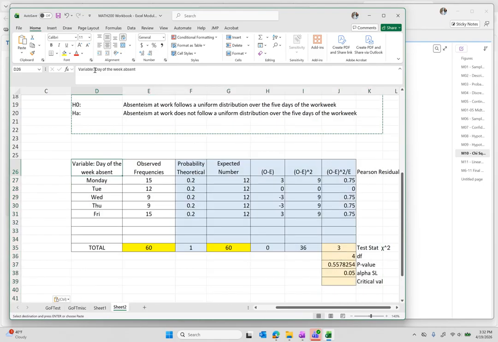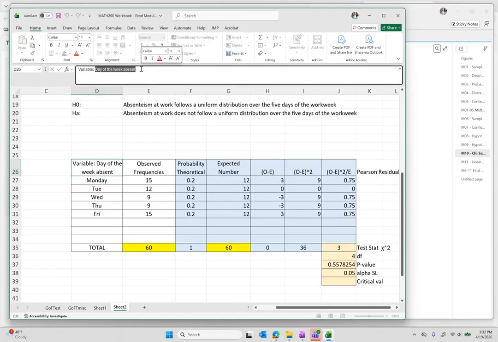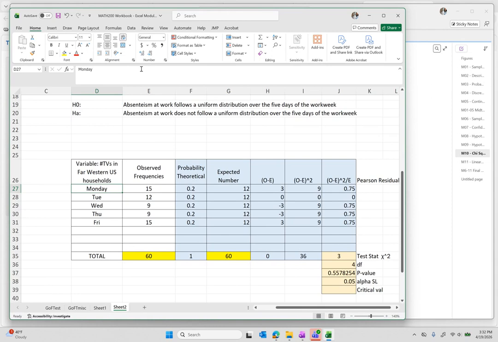The variable is number of TVs in far western United States households, and the values are 0, 1, 2, 3, or 4 plus.